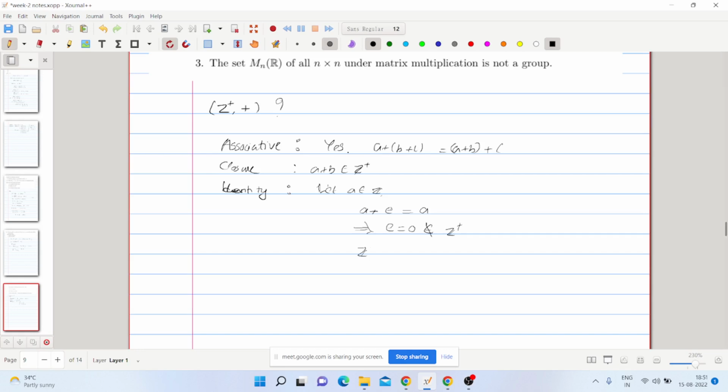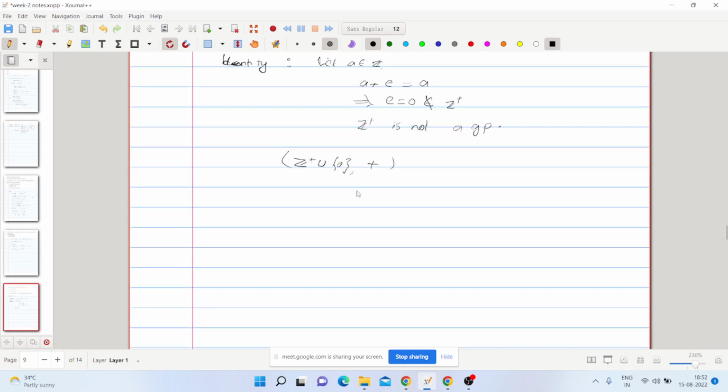So Z plus cannot be a group under addition. So now I am adding the 0 also, because we are lacking the identity element here. Now under addition, is this a group or not? Still it is not a group.